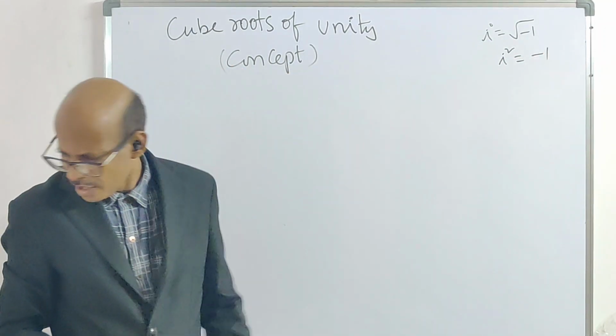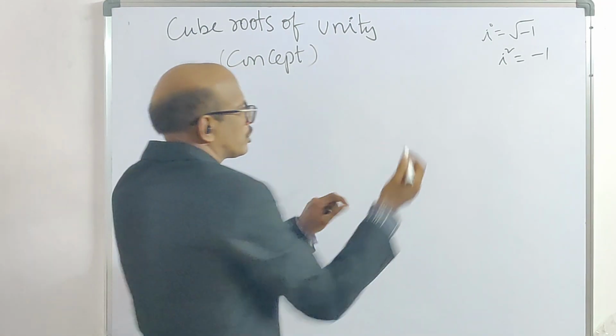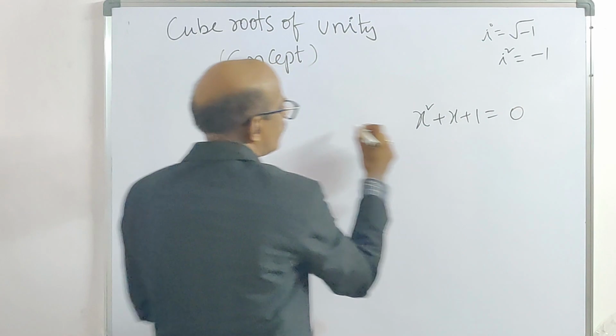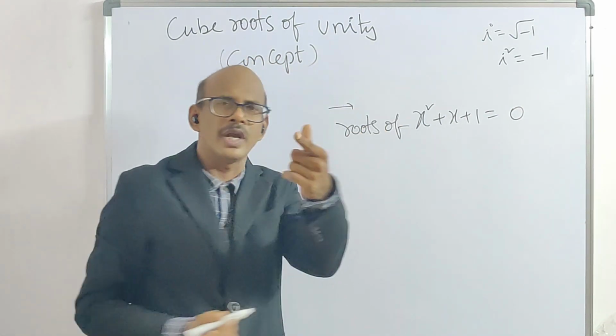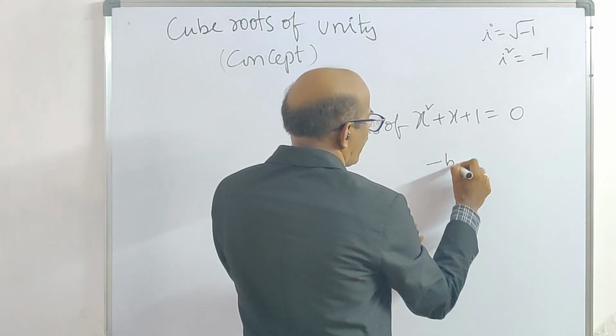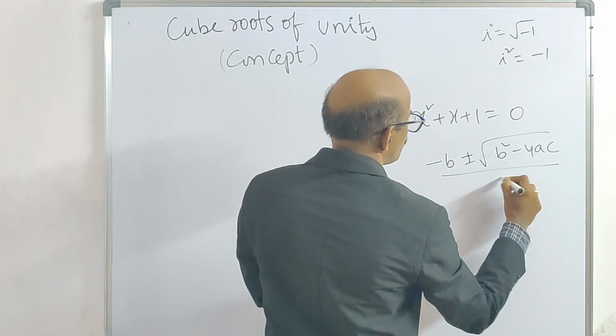Now concentrate. I am now going to give a simple theory, because the majority of the students know the formula. You go by minus b plus or minus root of b square minus 4ac by 2a. Correct?